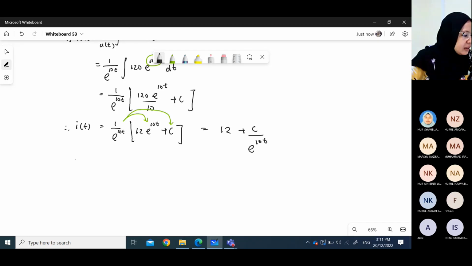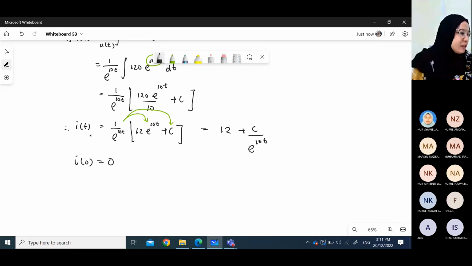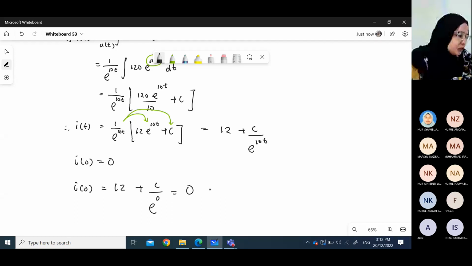Alright, so we have the initial value so that we can find C. The initial value here is when t equal to 0, there is no current because switch K is closed. So we substitute t equal to 0 to find our C. Here we have I at t equal to 0: 12 plus C over exponent 0, 10 times 0 is 0, equal to 0.